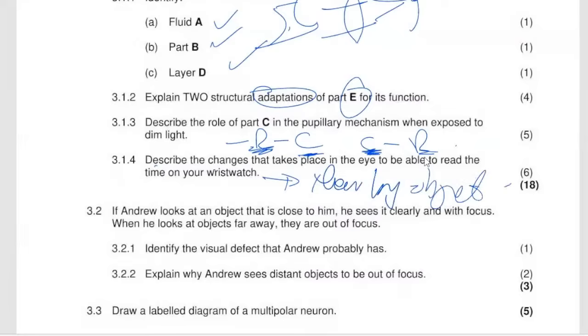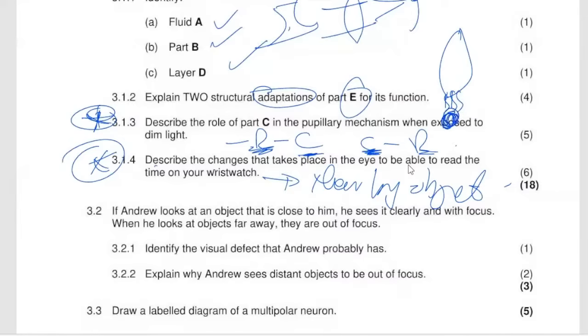So this is dim light, and this is the accommodation. They're asking you to explain the nearby object. Remember, for a nearby object, the lens is supposed to be big, meaning that the suspensory ligament must become slack, and the ciliary muscles must contract.